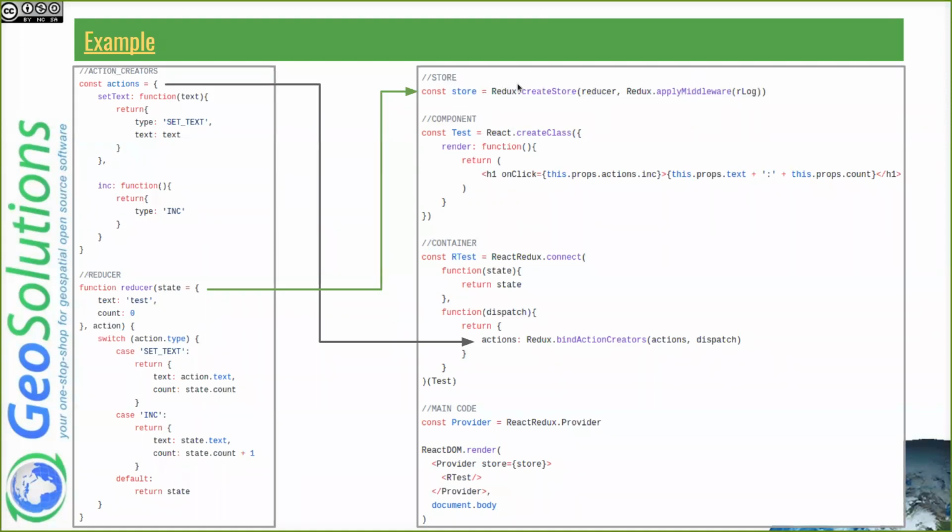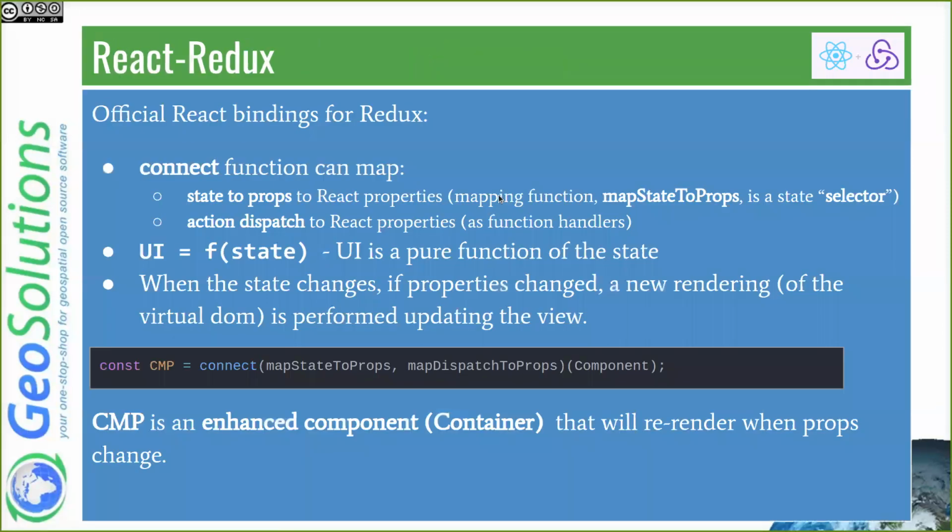So the store is created by the Redux library, and here we have a simple component that is a title with an onClick method that can be applied. Here also the second part of the connect method is included, which allows dispatching actions automatically from the components.